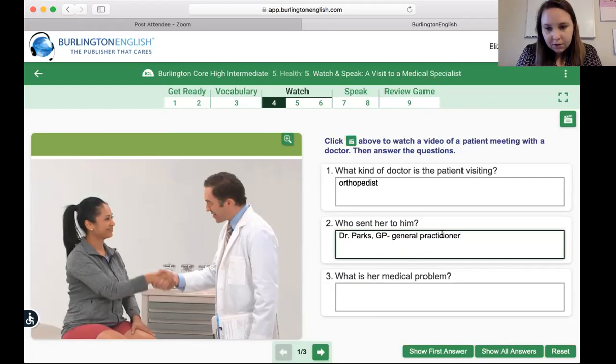A general practitioner is the doctor you go to normally. Sometimes we call them a family doctor, someone that you go to for your physical or just to get checkups as well. So then the general practitioner, or Dr. Parks here, will send you to a specialist.